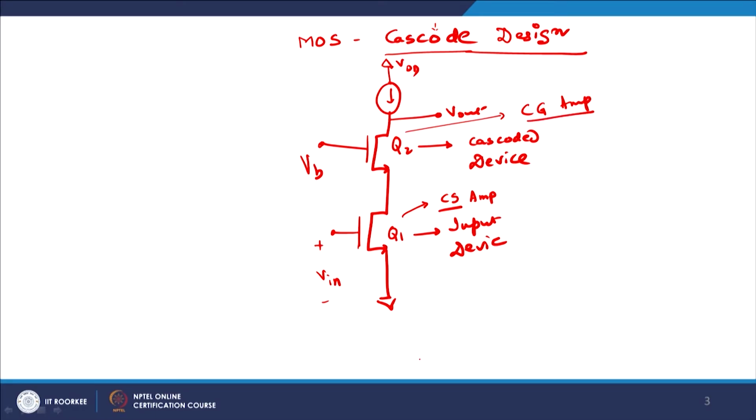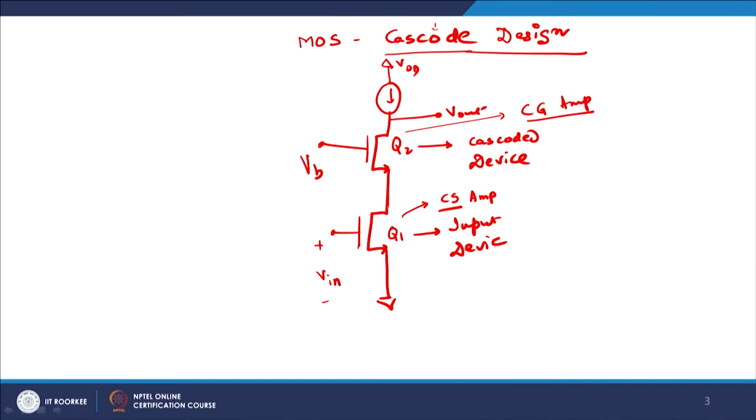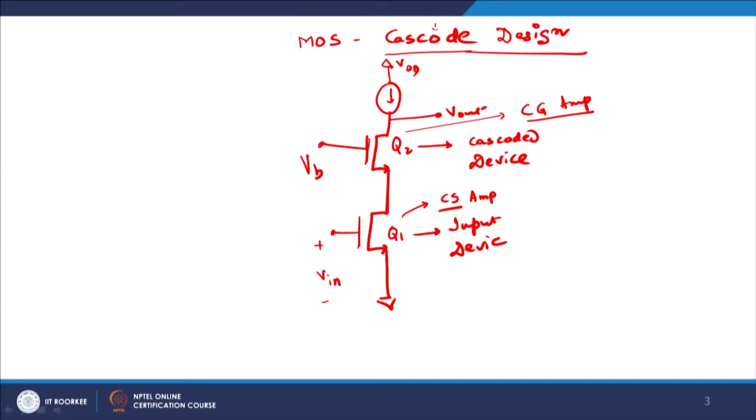When a common source amplifier and a common gate amplifier are made together, we define that as a cascoded amplifier. They are attached in such a manner that the source of one is connected to the drain of the common source, and we define that as the cascoded case.